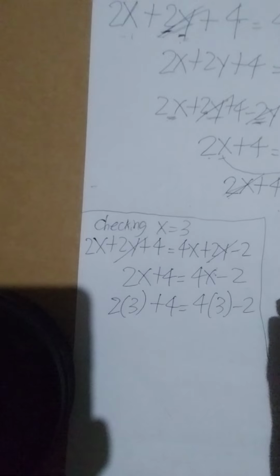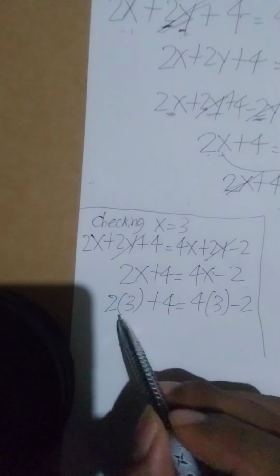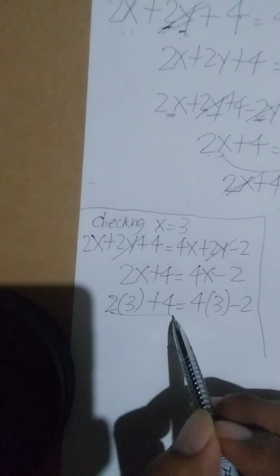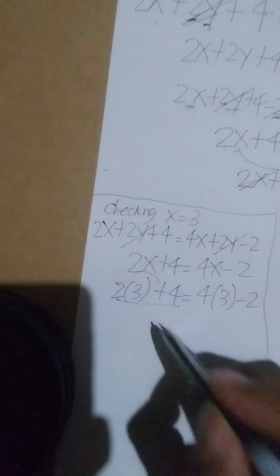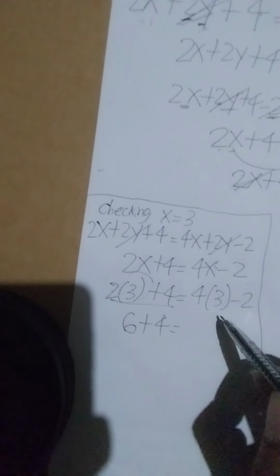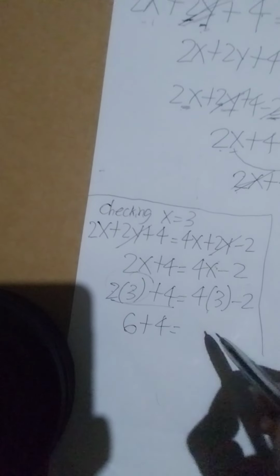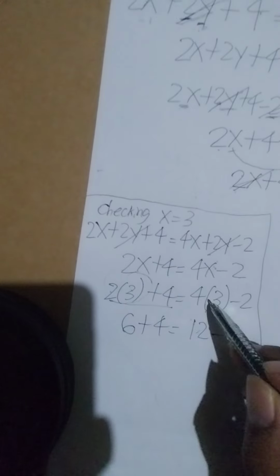So, always remember, PEMDAS, mauuna ang multiplication. Dito, ano mauuna dito? Ito. So, 2 times 3 equals to 6 plus 4, just copy. Dito din sa kabila, mauuna ang multiplication, which is 12. 12 minus 2. Bakit siya 12? Kasi 4 times 3 is 12.